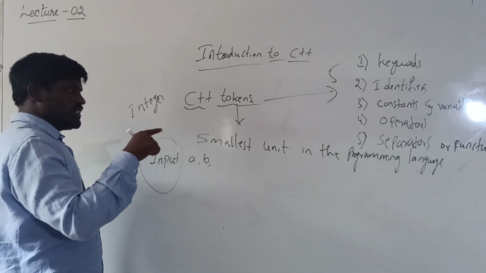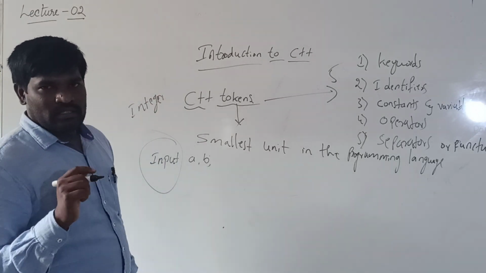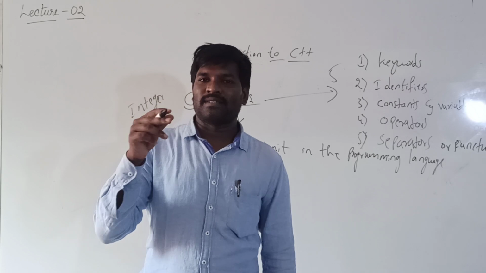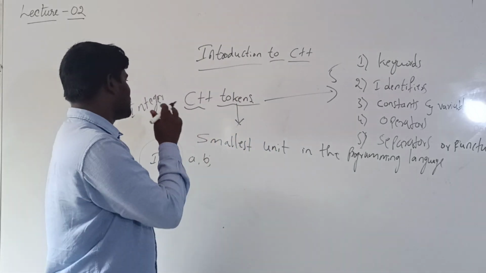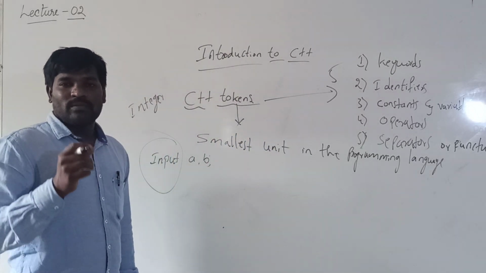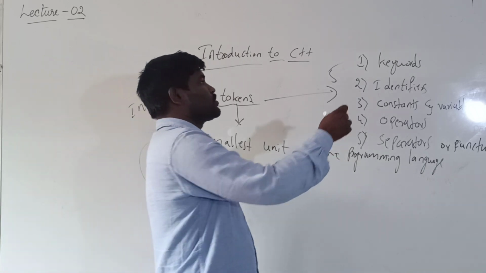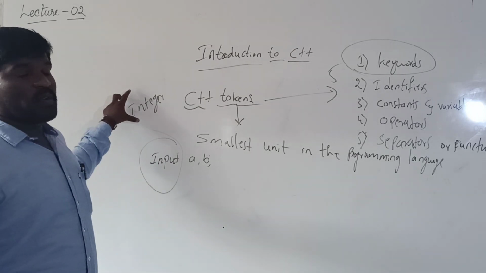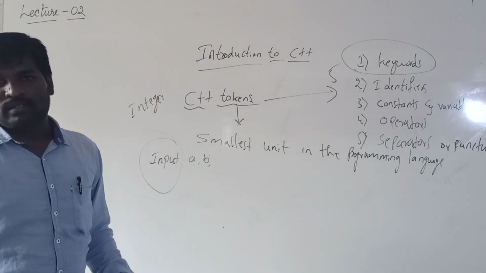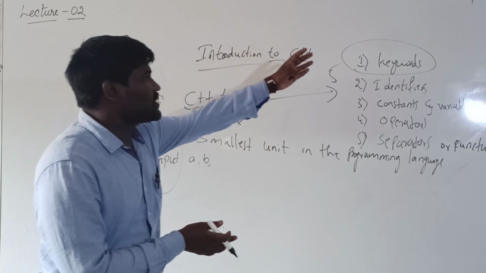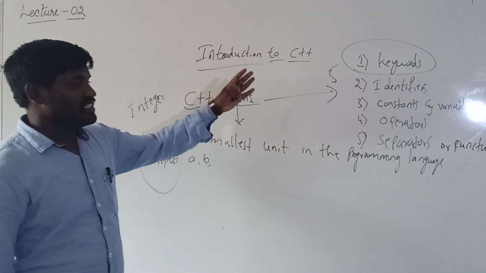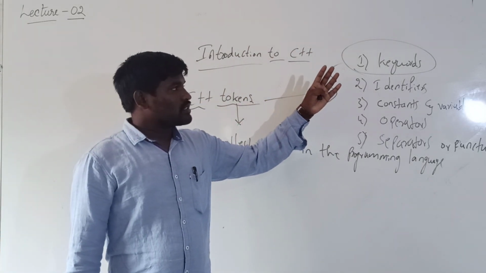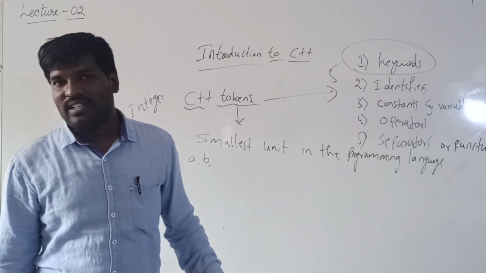If you want to give a decimal value, you have to give only decimal type values. For that purpose, we have to use the keywords. Not only for giving input to the system, keywords are sequences of characters, also called reserved words.